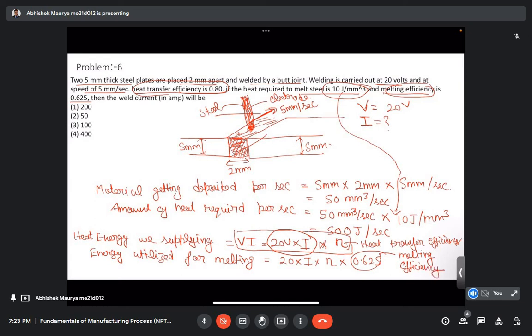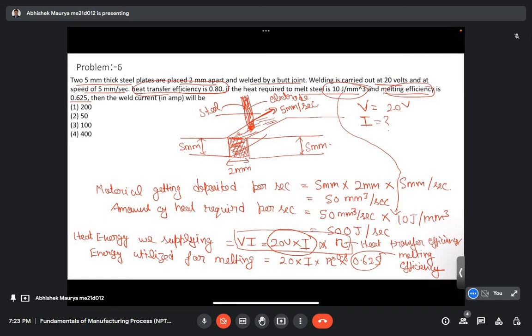So we have provided energy 20 into I, and if we multiply it by the heat transfer efficiency, which is 0.8, this much heat will reach the workpiece. Out of this heat, if we multiply by the melting efficiency, that much heat will get utilized for melting the material.